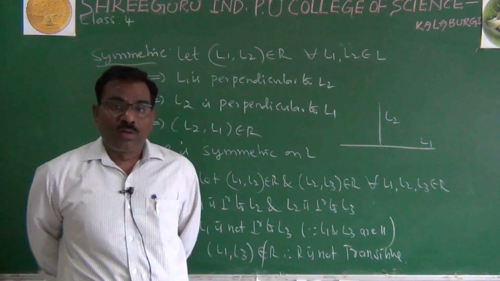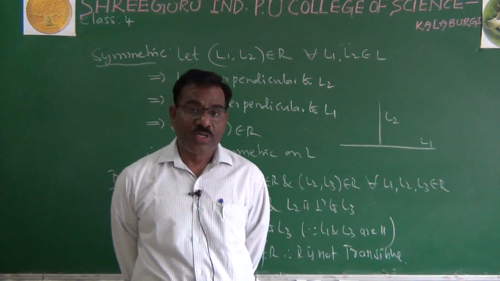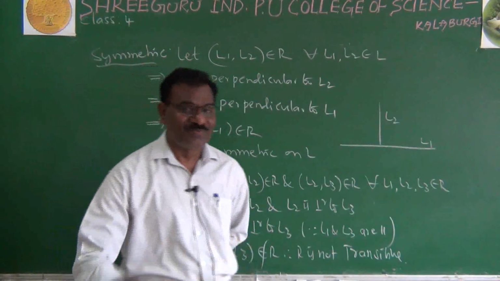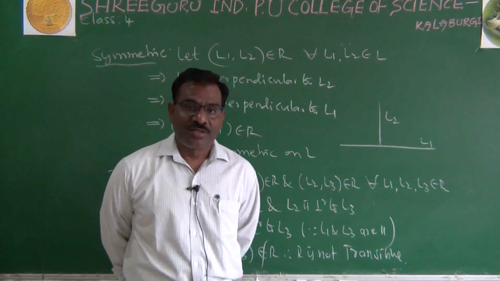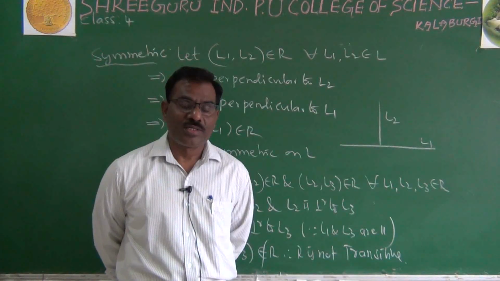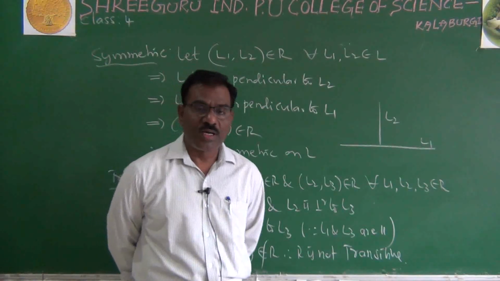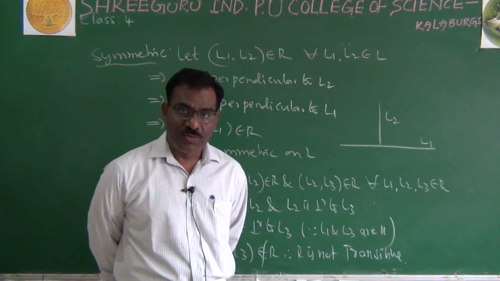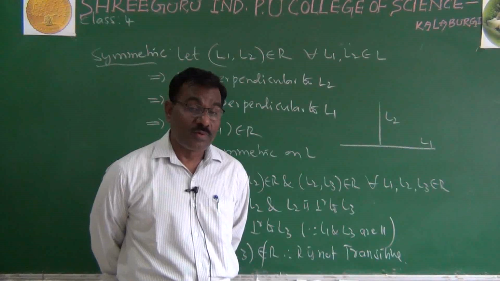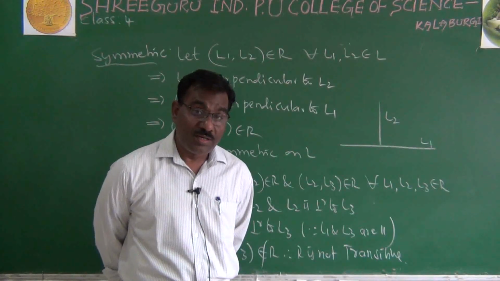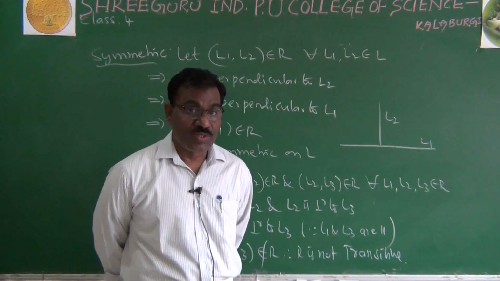But usually the 1 mark question in relations comes difficult only. What is the question? 1 mark question. Give an example of a relation R which is symmetric but not reflexive and not transitive.